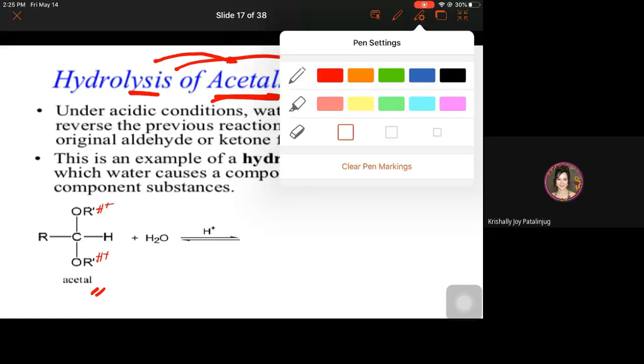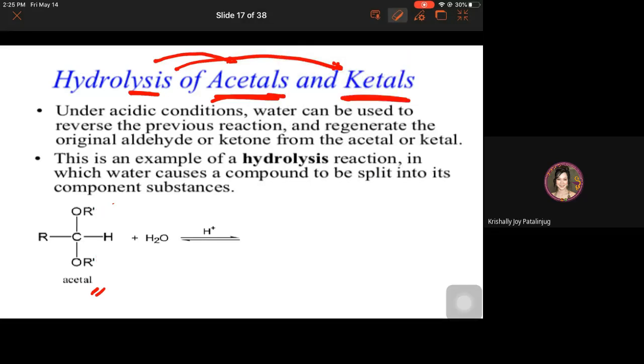Protonate the OR. What compound, functional group is this, ROH.